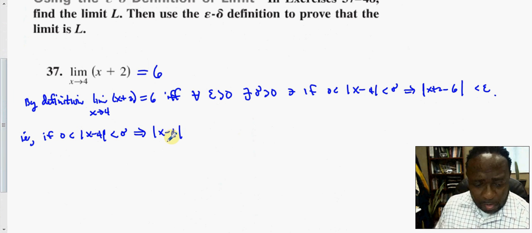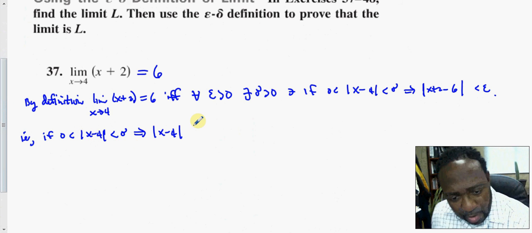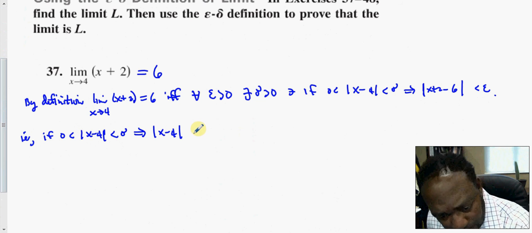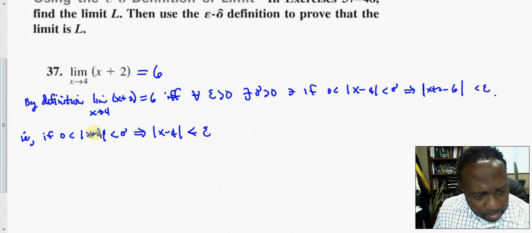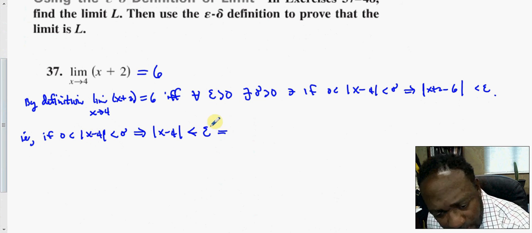Well, here, the absolute value of x minus 4 is the same thing as the absolute value of x minus 4 over here. And so if we claim that this is less than some epsilon, but here we have the same quantity, the same measurement, we can safely claim that epsilon is the same as delta.